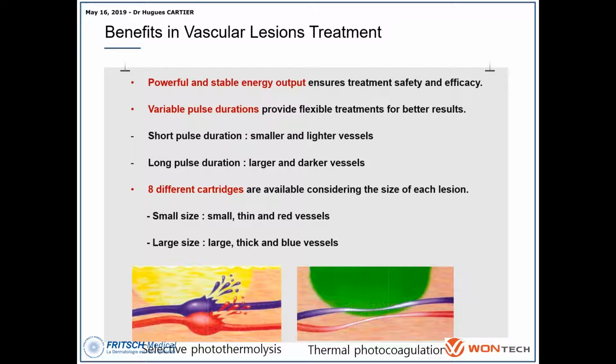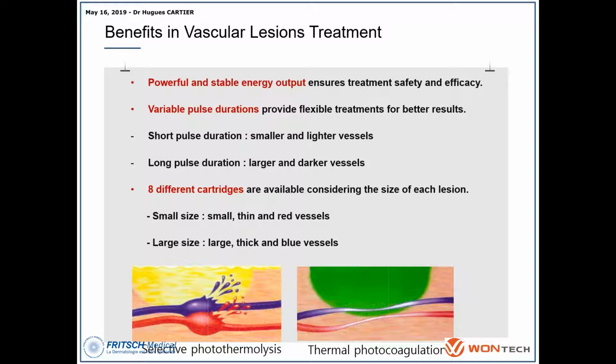You have 8 possible settings of the spot diameter, and it's very easy to change it when you want. It takes a few seconds. The cartridge is also immediately recognized by the device, so you don't spend time modifying the setting. And with this new device, because you can modify the pulse duration, you can induce selective photothermolysis, or sometimes, as you want, thermal photocoagulation.